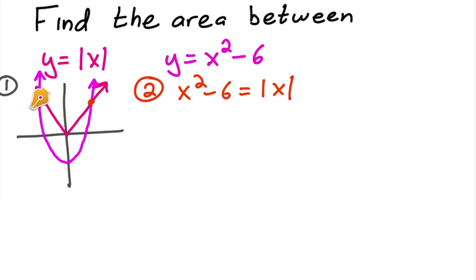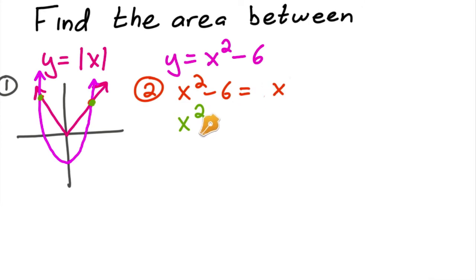So these are going to be the same value, they're just going to have the opposite sign. So instead of doing x squared minus 6 equals absolute value of x, I'm just going to find the positive one, and then I'll be able to find that one. So symmetry is going to help us a lot in solving this problem.